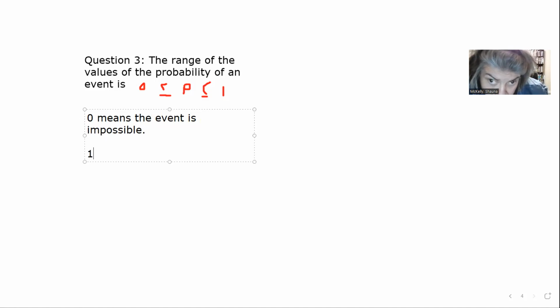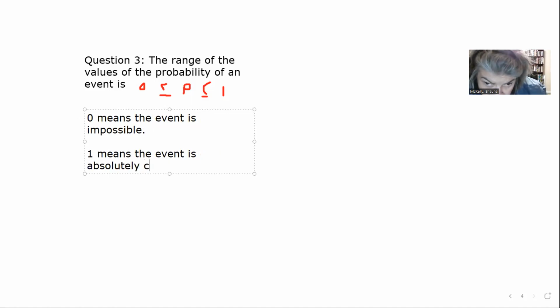1 means the event is absolutely certain. Now, sometimes this trips students up. They're not sure exactly what this means. So let me give you some examples, okay? Examples, and there are as many examples of impossible events as there are students to think them up.